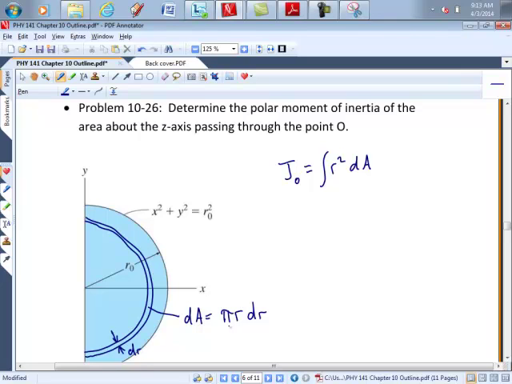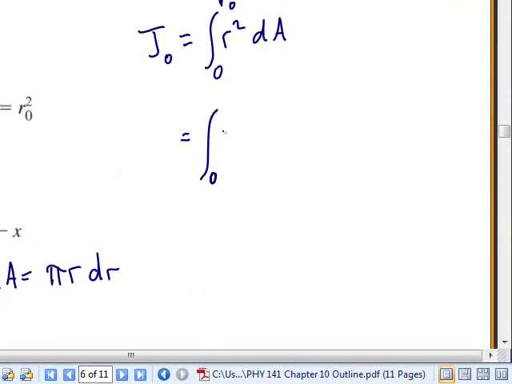Okay, so now we can take that and put it in here, and now I'm integrating with respect to r. So this time we're getting it in terms of our outside radius, so we're going to integrate from 0 to this RO. That's r squared times pi r dr. Bring the pi out.